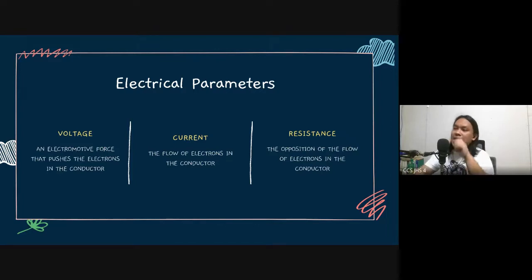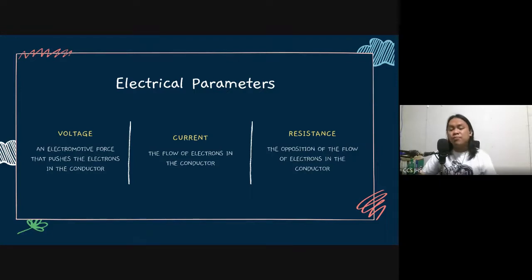Then lastly, we have resistance. From the word resist, resistance is the opposition of the flow of electrons in the conductor. So anything that stops the flow of electrons into the conductor, or even if it just slows down the flow of electrons, that is already considered as resistance. Our resistance can come in different forms.